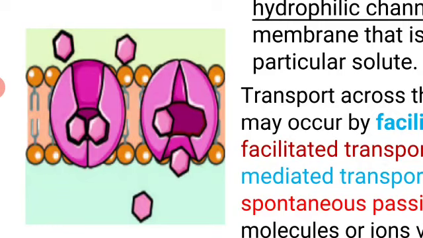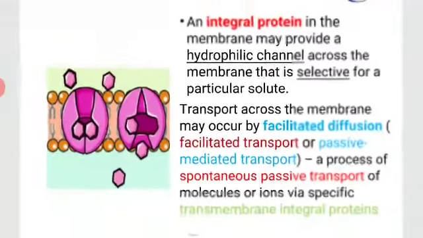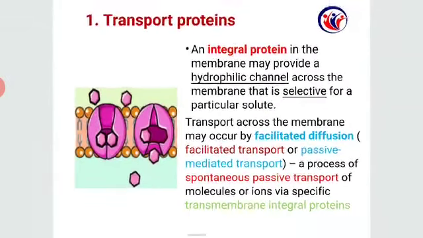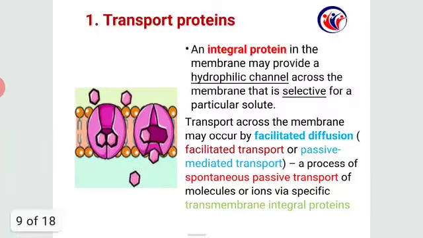Those materials must cross from one side to another, and the proteins are assisting them to move from one side to another. In that way, the proteins that form part of the plasma membrane are referred to as transport proteins. Not all of them are transport proteins, but some of them are performing that particular role.